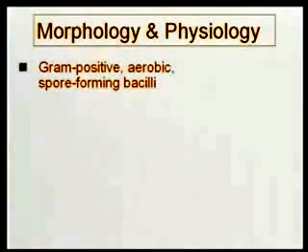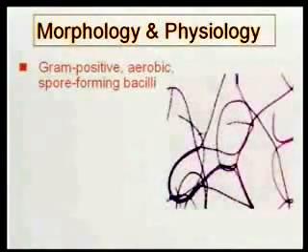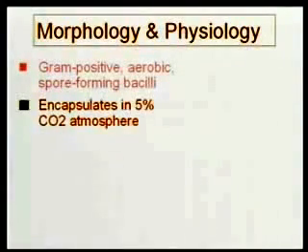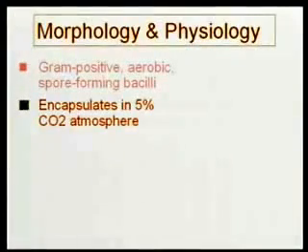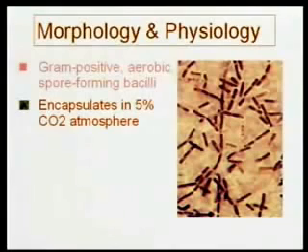That's the only one organism that is spore-forming. Here it grows sort of like filamentous chains. It's a thin gram-positive organism. It encapsulates itself in a 5% CO2 atmosphere. Forms a capsule.